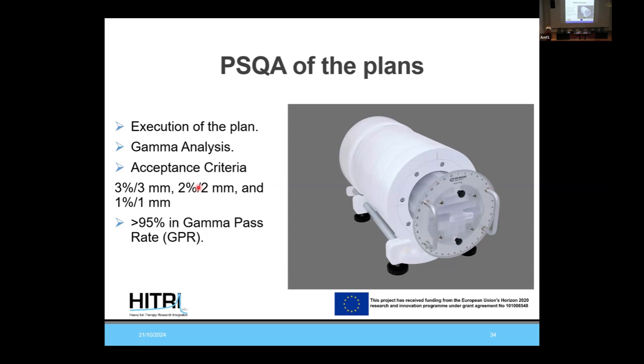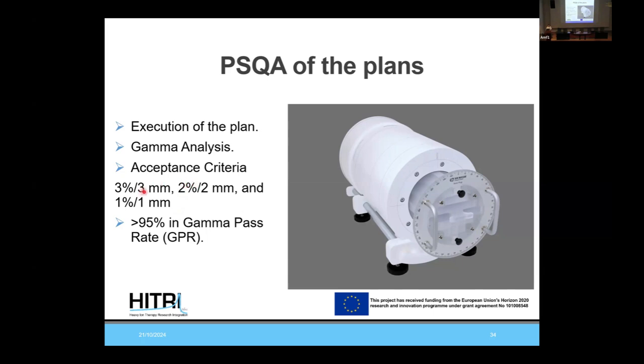We are using some acceptance criteria, 3% with 3 millimeters. What does it mean? We accept the results, and if there is a problem, we consider it. It means 3% of the dose and 3 millimeters out of position. The score, the GPR, the gamma pass rate, must be larger than 95%. It depends on the department.